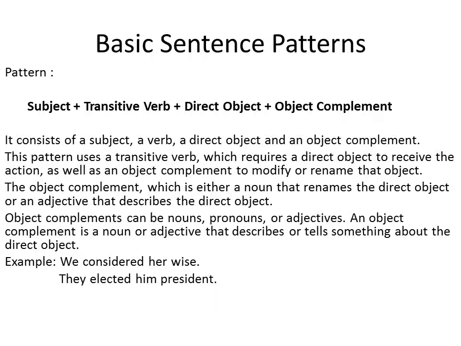Coming to the next pattern, it consists of a subject, a verb, a direct object, and an object complement. This pattern uses a transitive verb which requires a direct object to receive the action as well as an object complement to modify or rename that object.